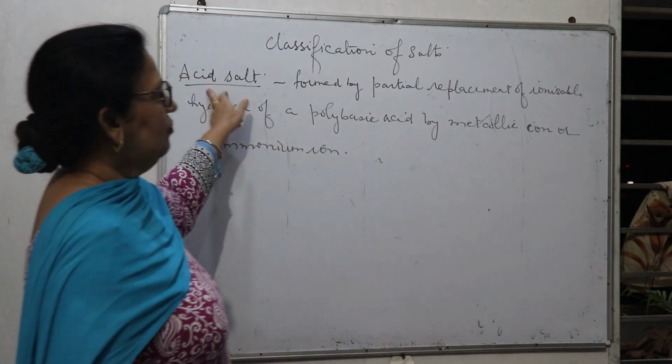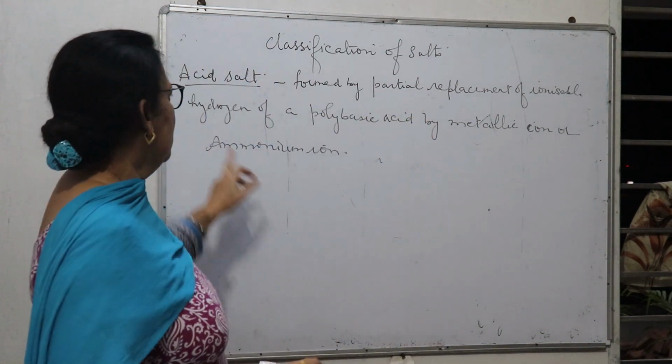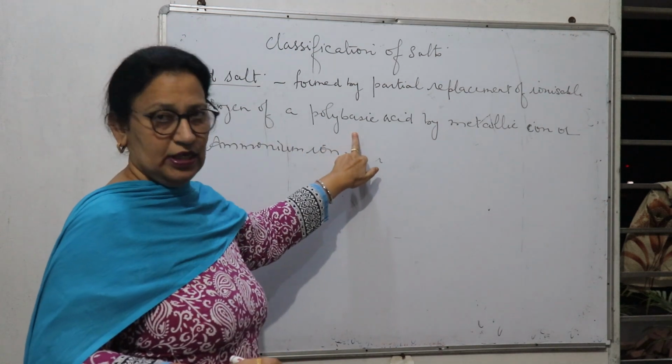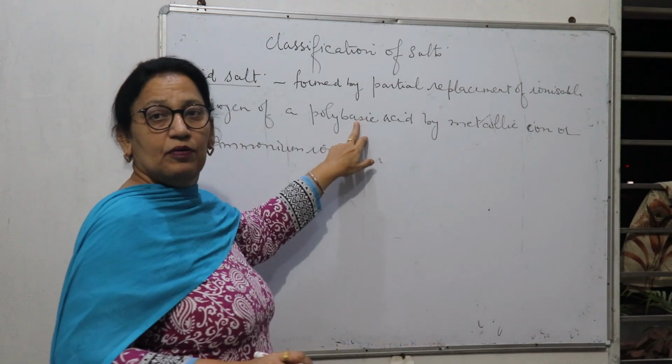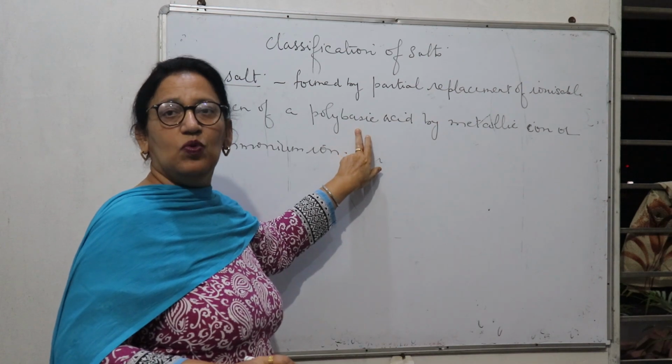So what is acid salt? Formed by partial replacement of ionizable hydrogen atom of a polybasic acid. Polybasic acid is an acid having basicity more than 1.